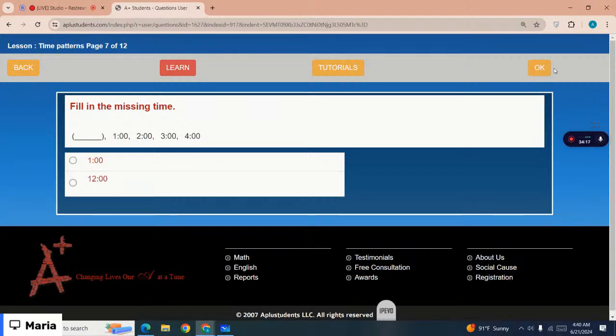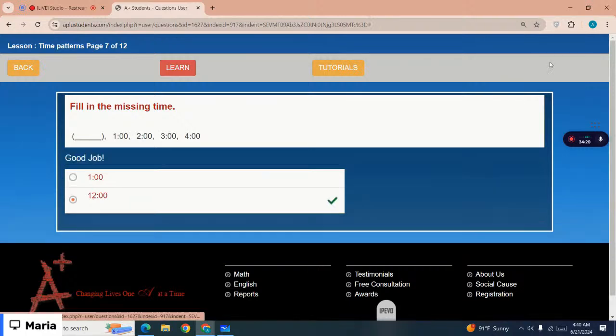Fill in the missing time. That is 12. Option number 2 is the correct option.